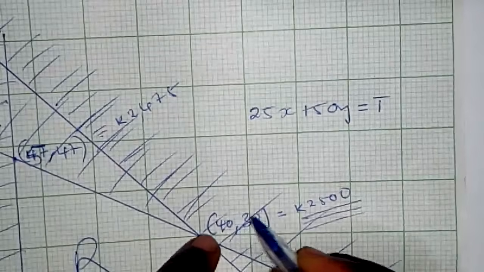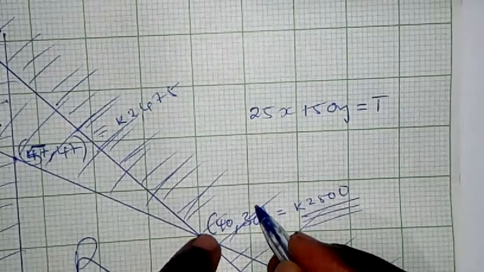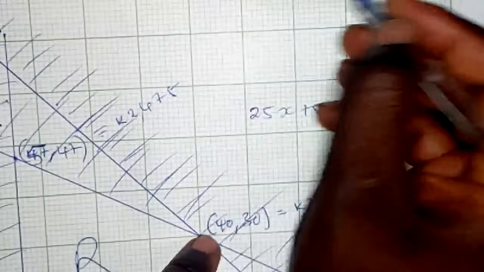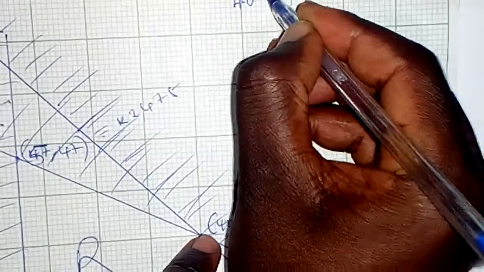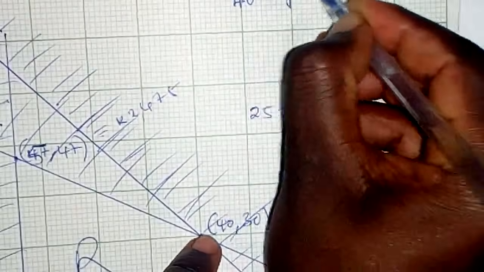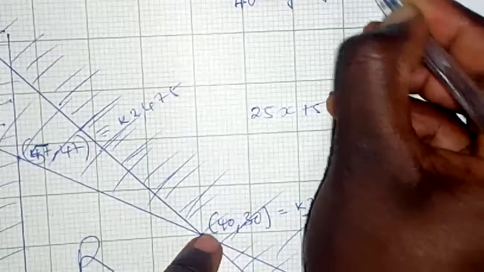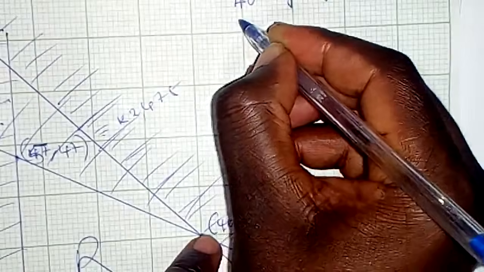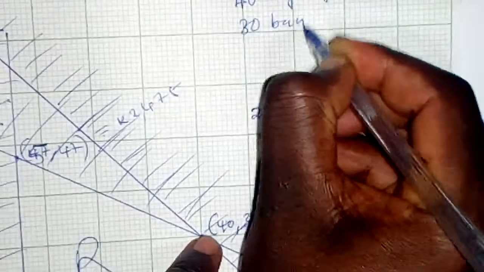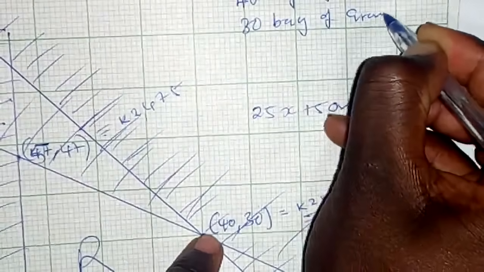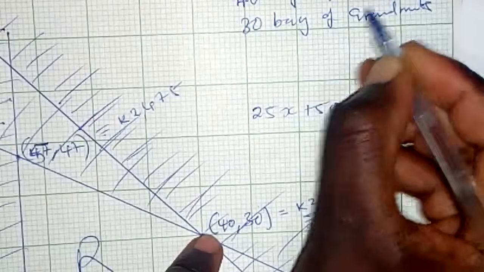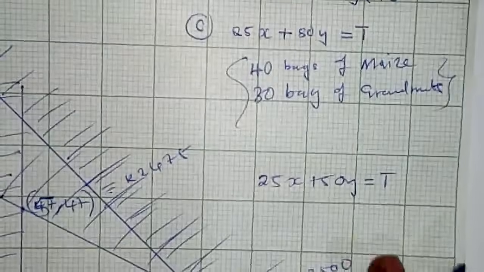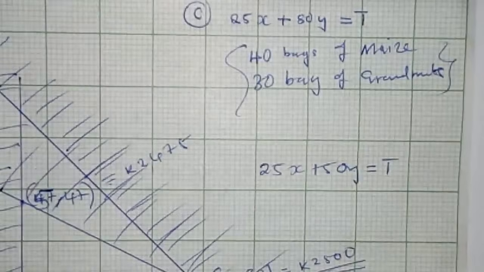So our answer for the question where they have said how many bags of each type should be ordered: we know that x is maize and y is groundnuts. So we say 40 bags of maize and 30 bags of groundnuts.